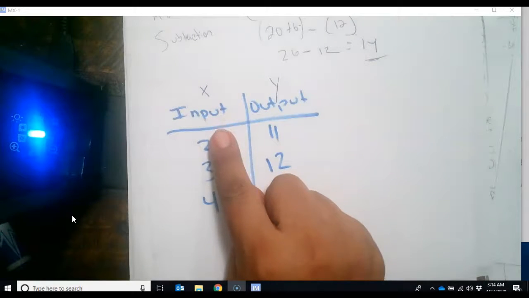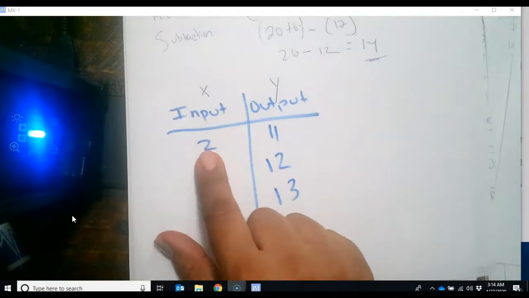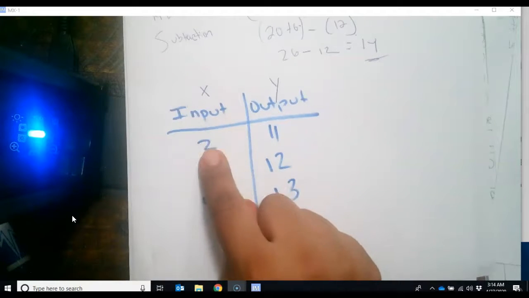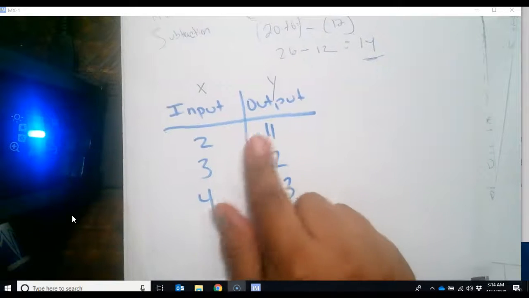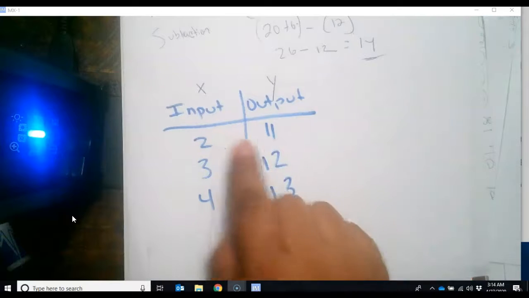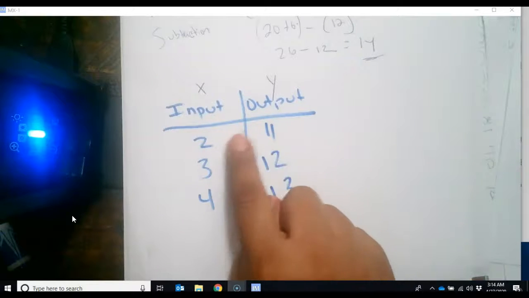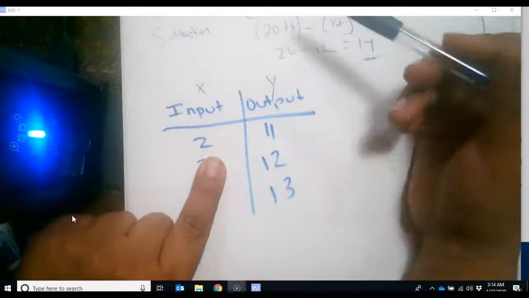So basically, we have a table. When our input is 2, our output is 11. In this particular case, we're trying to find the patterns, the rules of how we get to the output. So for that, you do have to do some thinking.